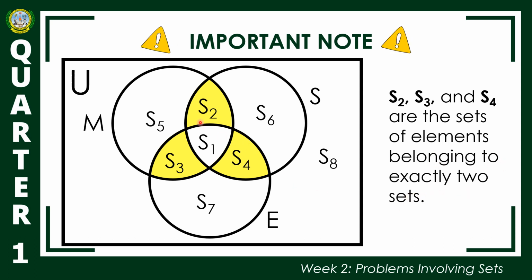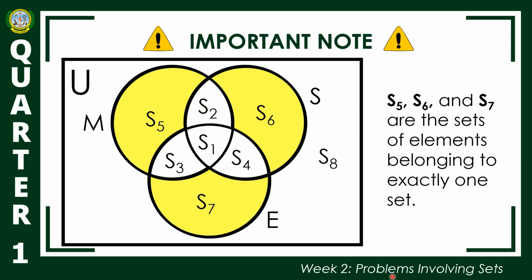Kung titingnan po natin, ang S sub 2 ay parehas na kay M and S, pero wala ito kay set E. Ganon din po ang S sub 3 at ang S sub 4. So, yung 3 sets na ito ay matatagpuan lamang in exactly 2 sets.